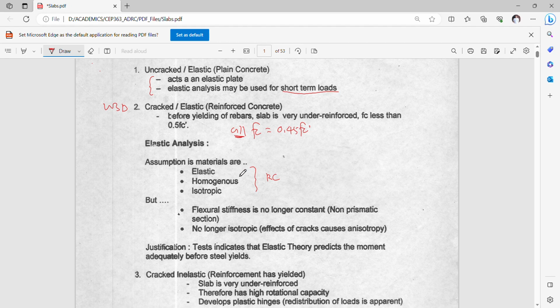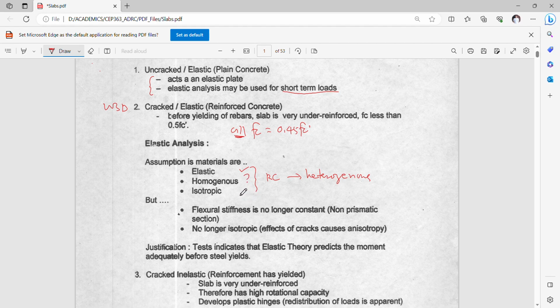Elasticity may be regarded as still okay, so reinforced concrete is still an elastic material. But in terms of homogeneity, reinforced concrete is actually a highly heterogeneous material because of its components. This material is made out of stone, gravel, sand, hydraulic paste, and some additives, so it makes the homogeneity questionable.